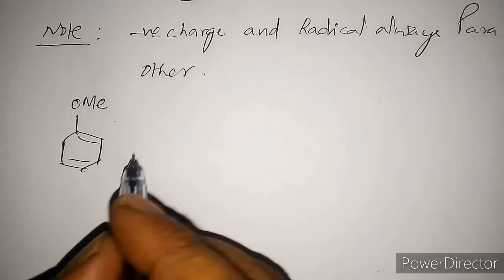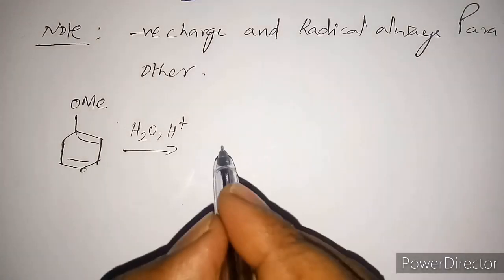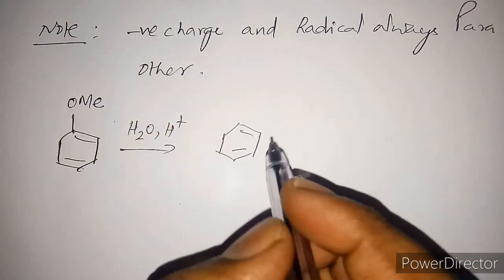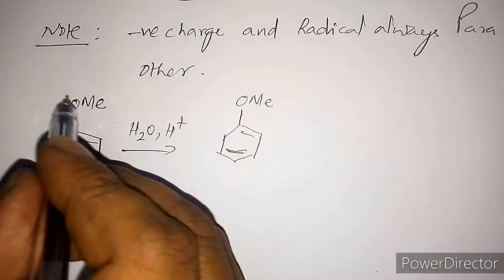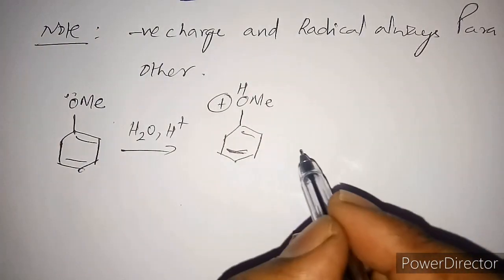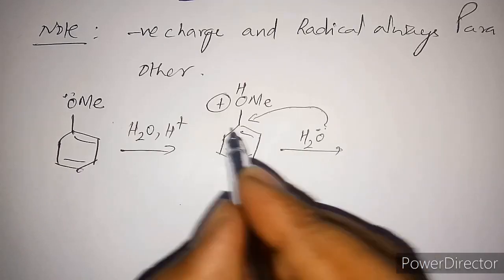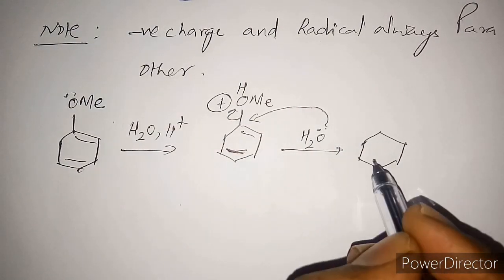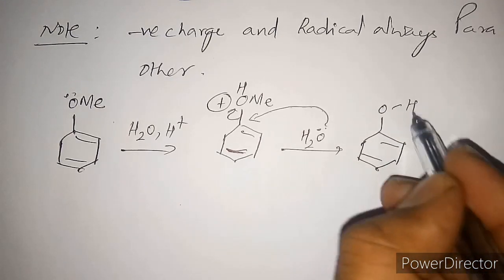Now if you carry out the hydrolysis reaction, acid hydrolysis, OMe, its lone pair of electrons takes H plus, and we get H2O, the nucleophilic attack on this, so this will escape. OH2 plus.